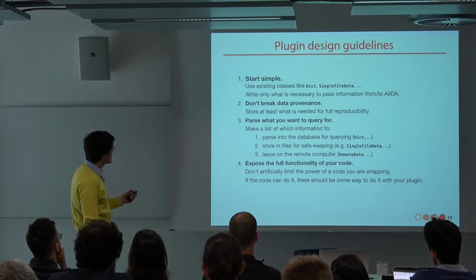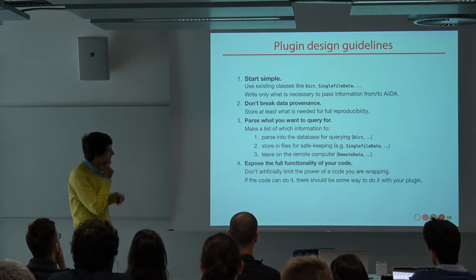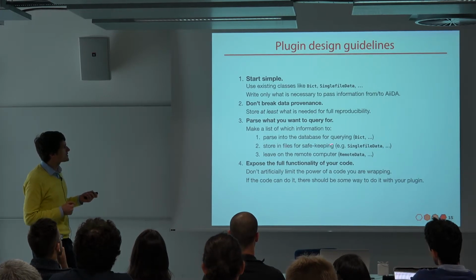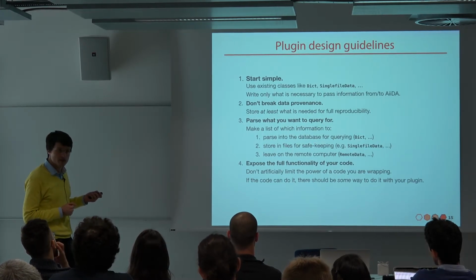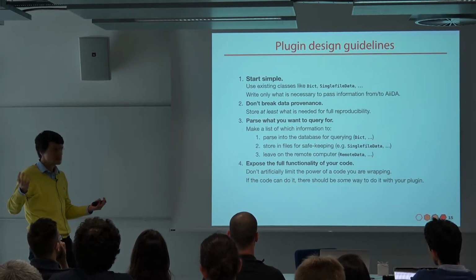Third point: parse what you want to query for. It's very helpful to make a list of the kind of information that you want to query for. This should go into the database, and should be parsed, for example, in a dict node.